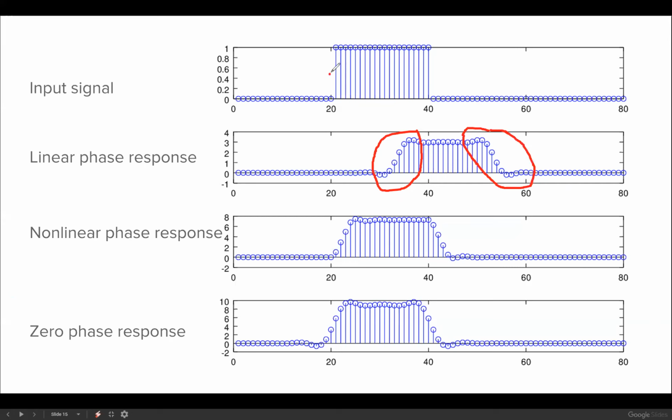When the signal goes up, it has a certain rise time, it has overshoot here, and before the overshoot it actually has undershoot at the beginning, but then it also repeats symmetrically on the falling edge.